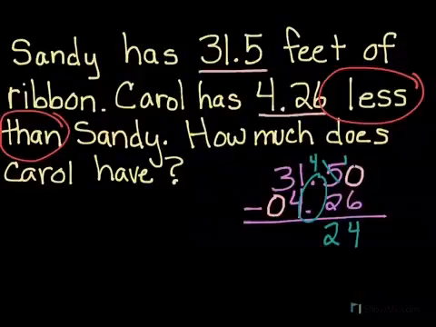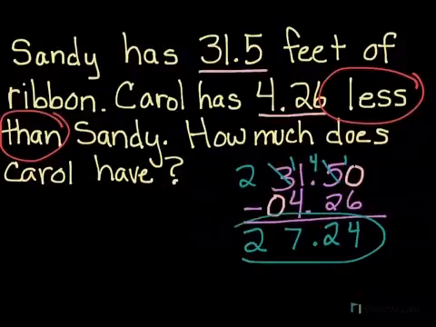I bring my decimal point straight down. 1 can't take away 4, so I'm going to borrow. 11 minus 4 is 7, and 2 minus 0 is 2. So Carol has 27 and 24 hundredths feet of ribbon.